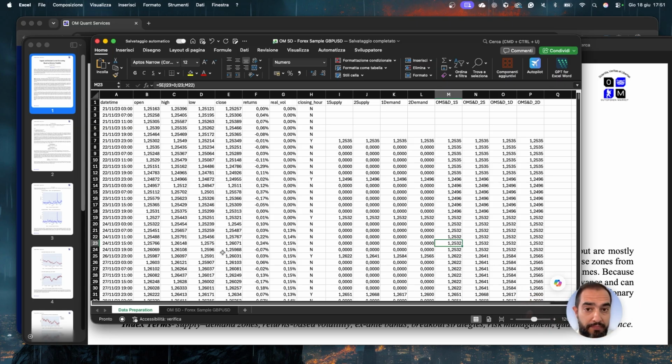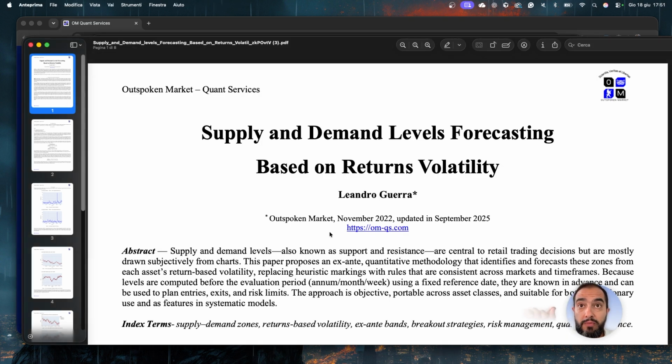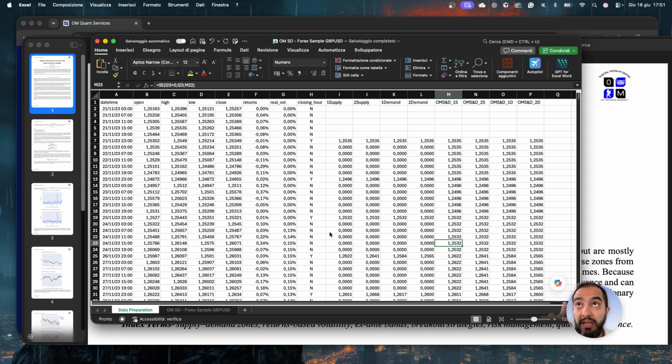By the way, in the paper we have the weekly and the monthly calculations. In the Excel, we will do it on an intraday basis in the 4 hours time frame, right? So we have here essentially a candle every 4 hours.